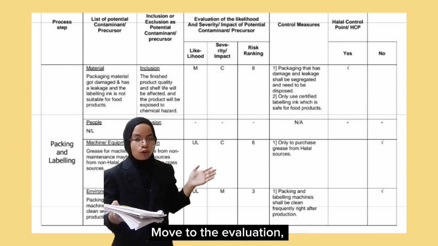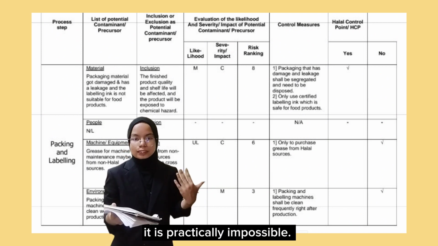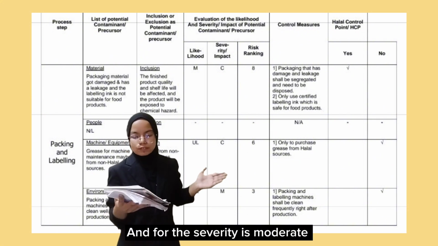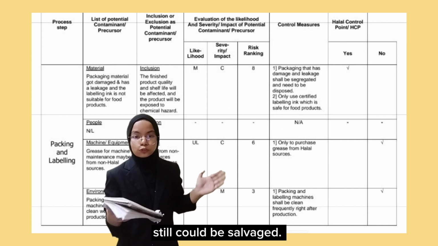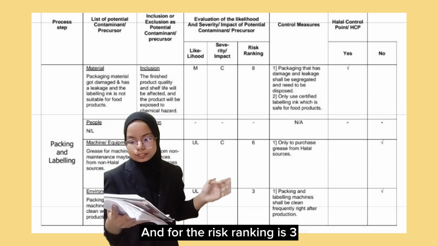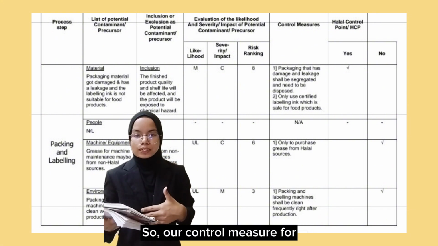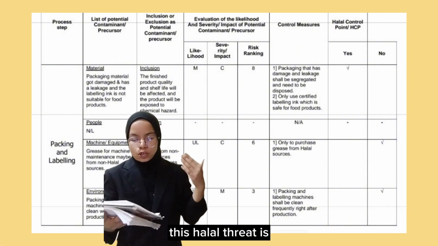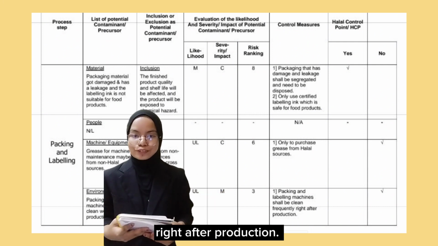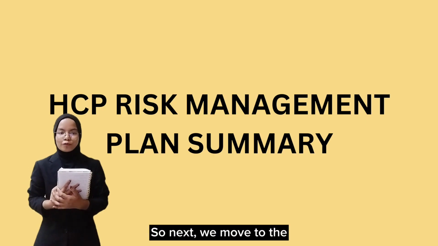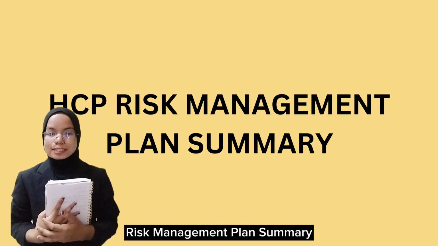Moving to the evaluation, the likelihood is unlikely because it is practically impossible, and the severity is moderate because the potential contaminant affects the halalan status but could still be salvaged. The risk ranking is 3 and it's not a halal control point. Our control measure for this halal threat is we should clean the packing and labeling machine frequently right after production.